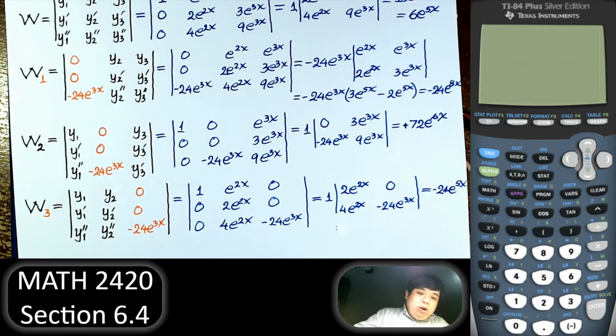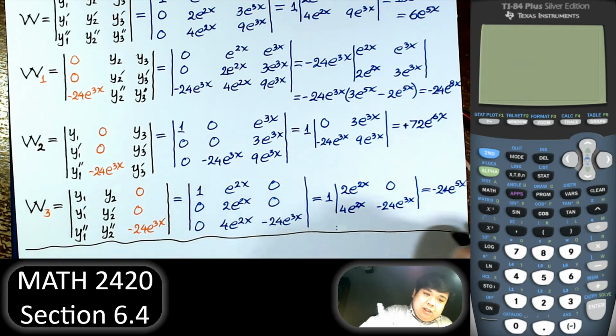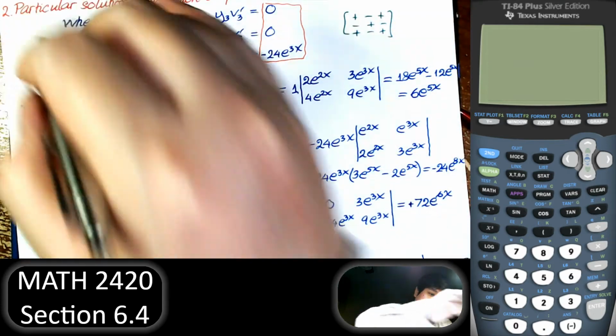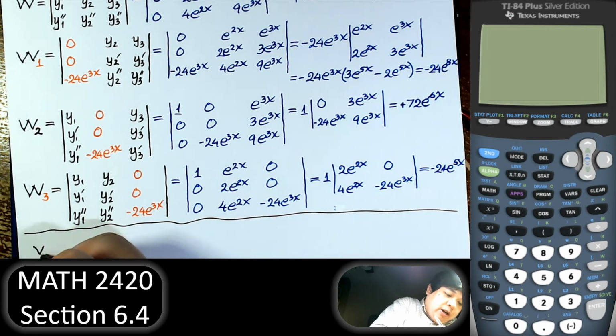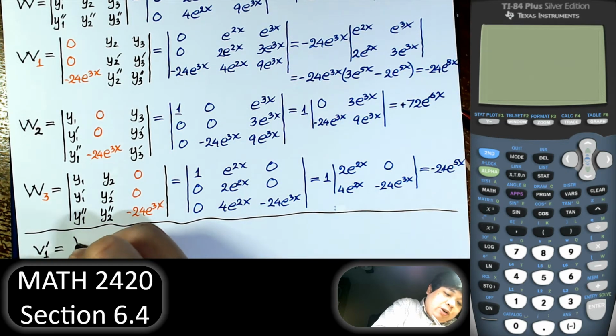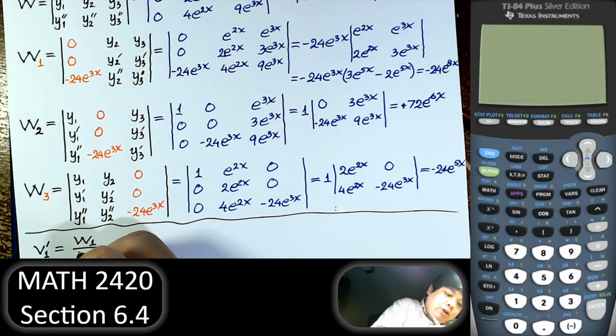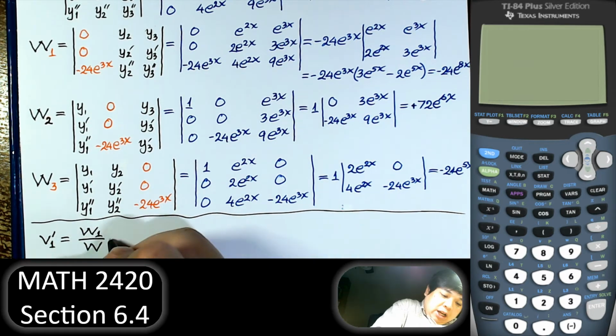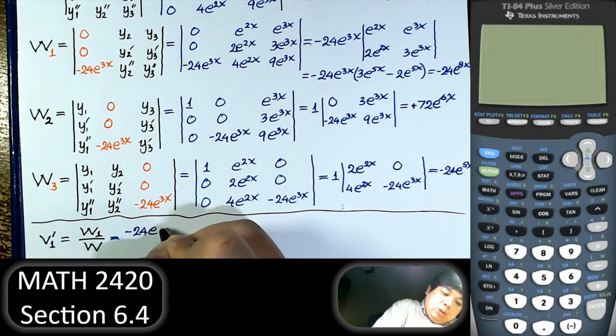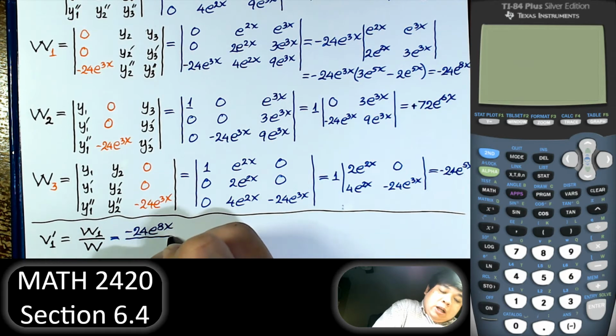Right, so we have all the W's. Now we'll find the v's. v1 prime is equal to W1 over W. Right, W1 is negative 24e^(8x), W is 6e^(5x).